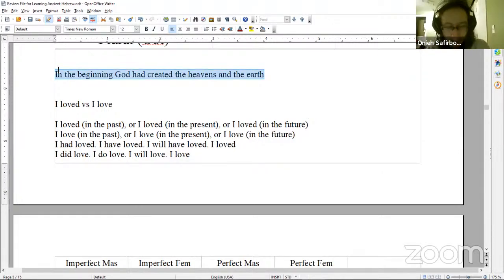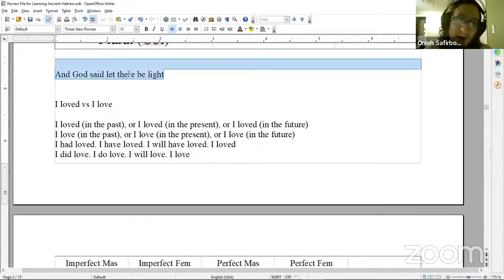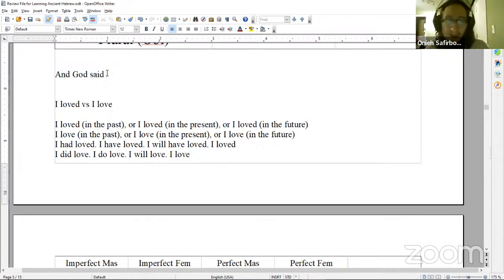Okay, and then what it says is, now they translate it as, and God said, let there be light. But the key point is, and God said. It actually says, and God says, because it's imperfect. But context is telling you that it was in the past, right? So, and God did say, because it was in the past.